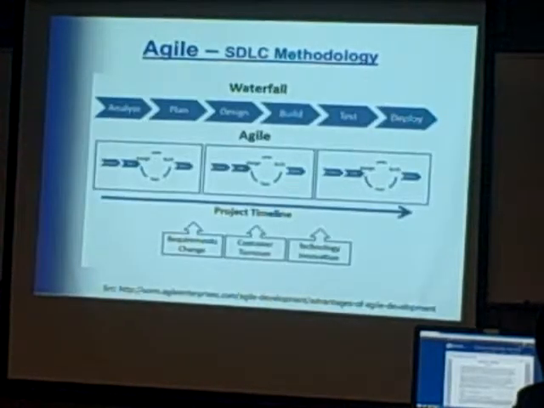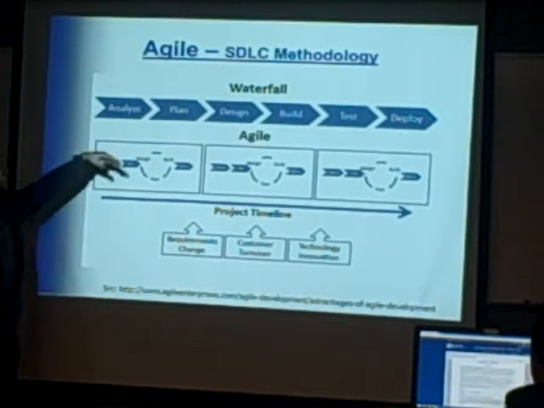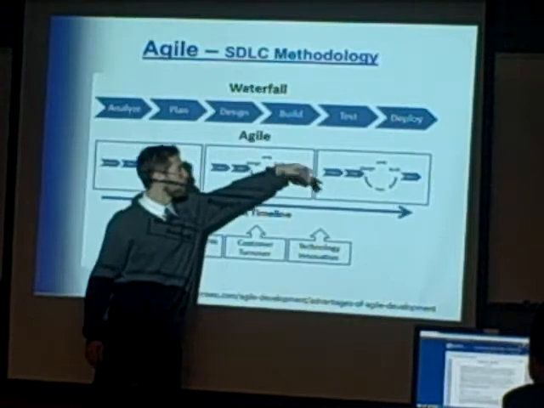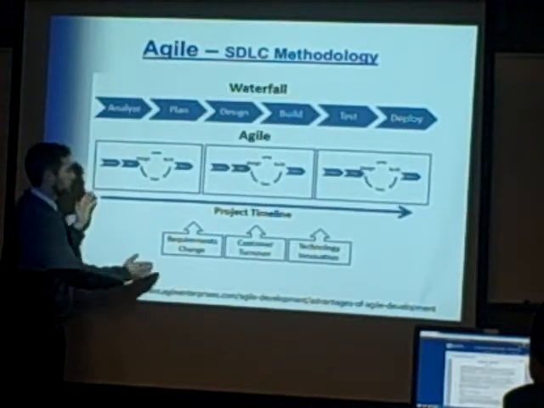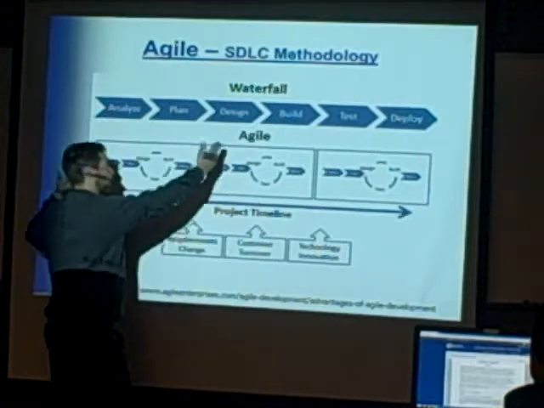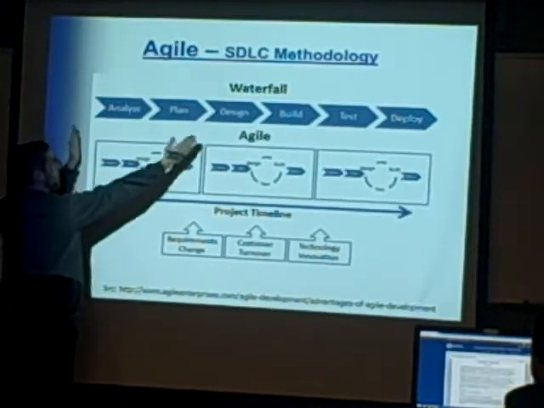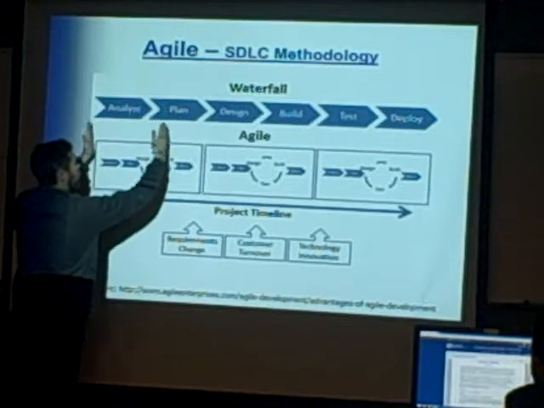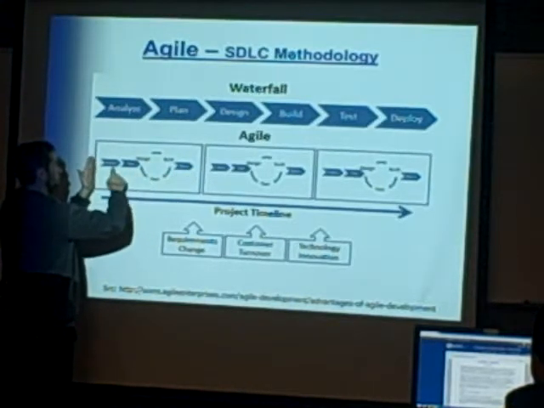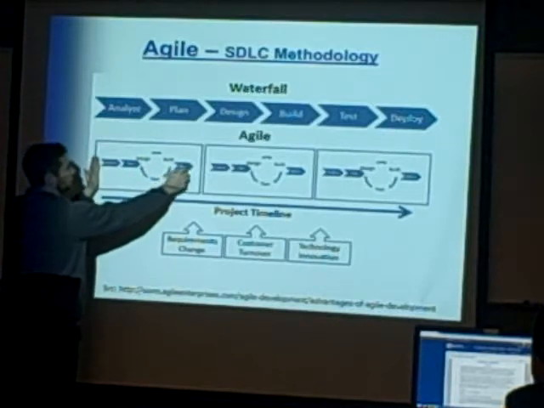And then visually, here's the waterfall approach again: analyze, plan, design, build, implement, support. If this is a timeline for how long it takes to go through something, conceptually, Agile is supposed to make a much shorter version of that, and you go through these phases of design, build, test, and deploy.